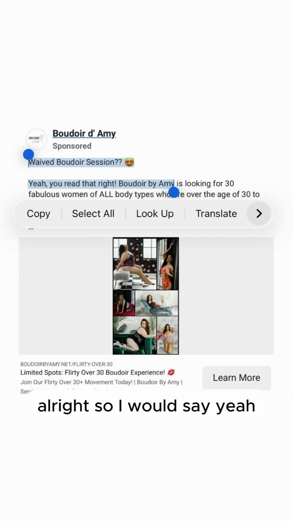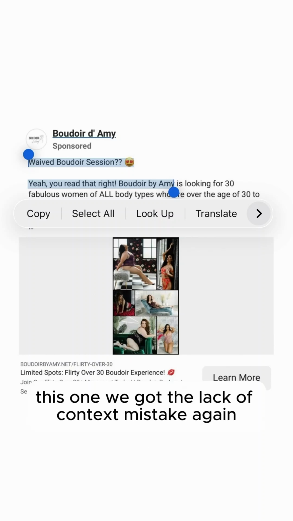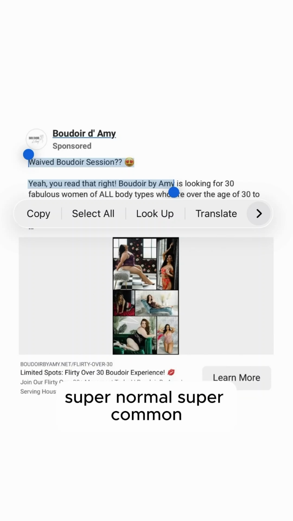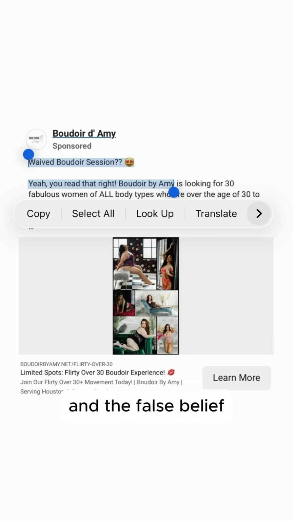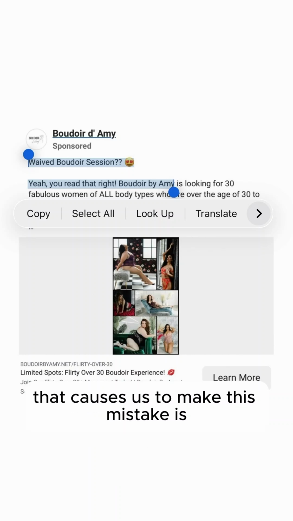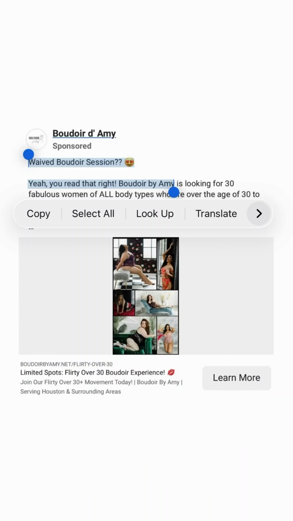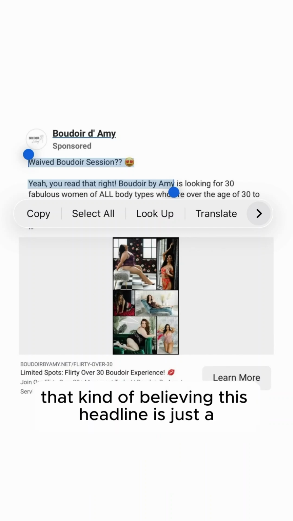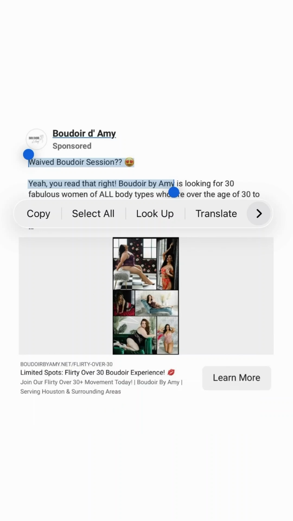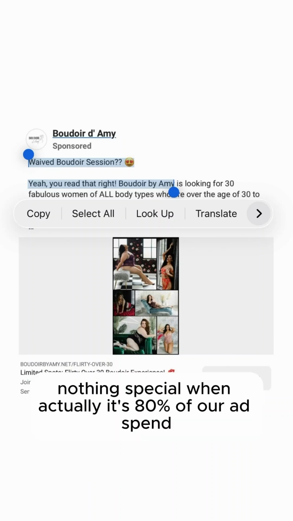All right, so I would say this one we got the lack of context mistake. Again, super normal, super common. The false belief that causes us to make this mistake is that we believe this headline is nothing special, when actually it's 80% of our ad spend.